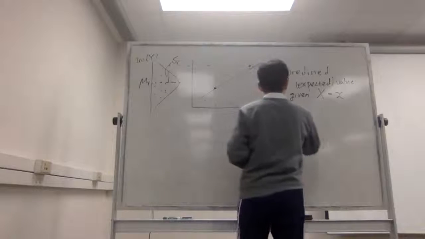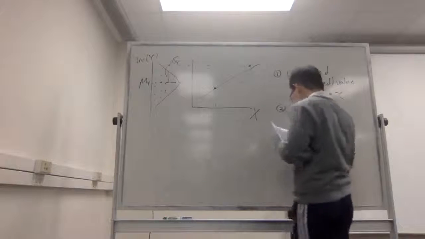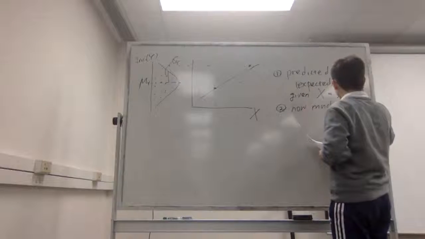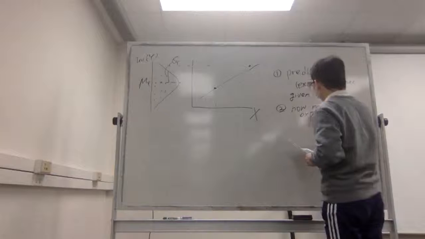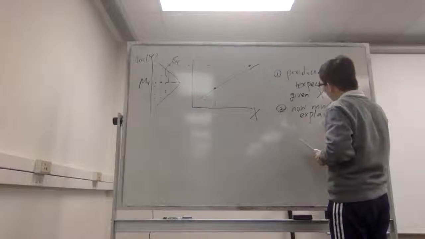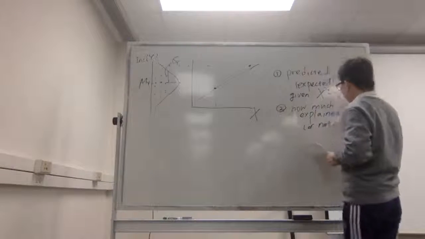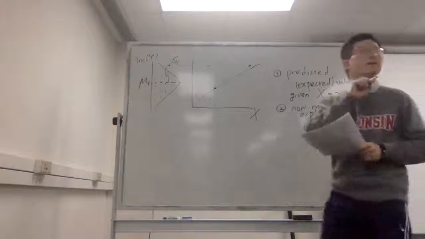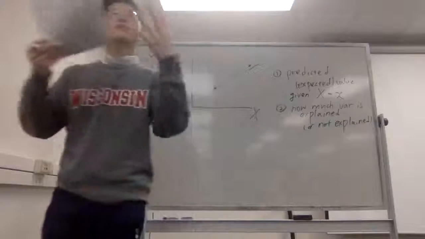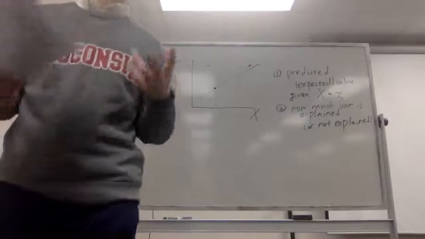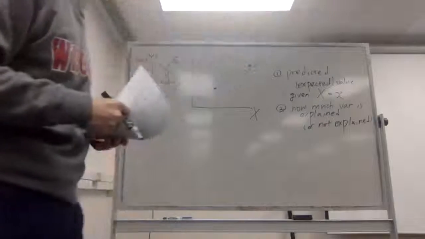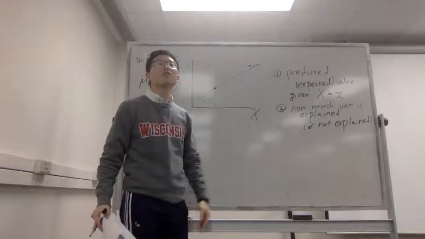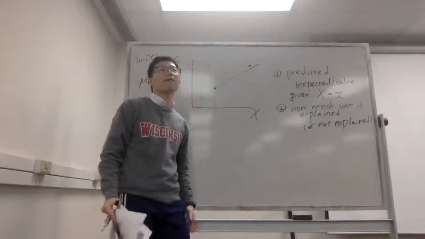And the second one is how much variance is explained or not explained. So we're trying to regress the variance of the outcome, but then the question is, how much of the variance was explained by the linear regression line?